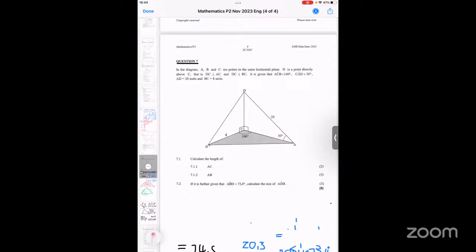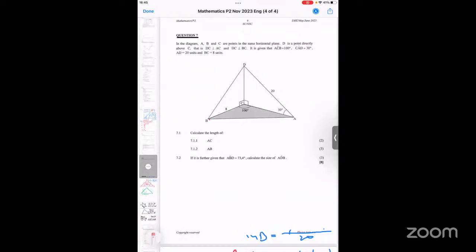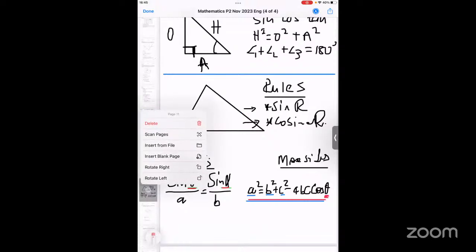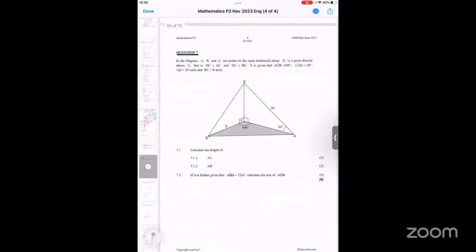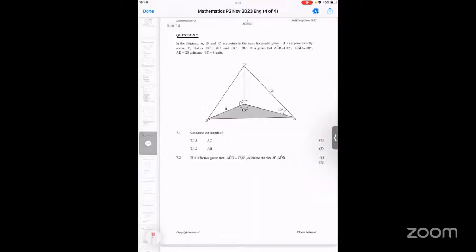It is given that angle C in triangle ACB is 100 degrees, angle A in triangle CAD is 30 degrees, AD is 20 units, and BC is 8 units. What is given in the statement is represented on the diagram.